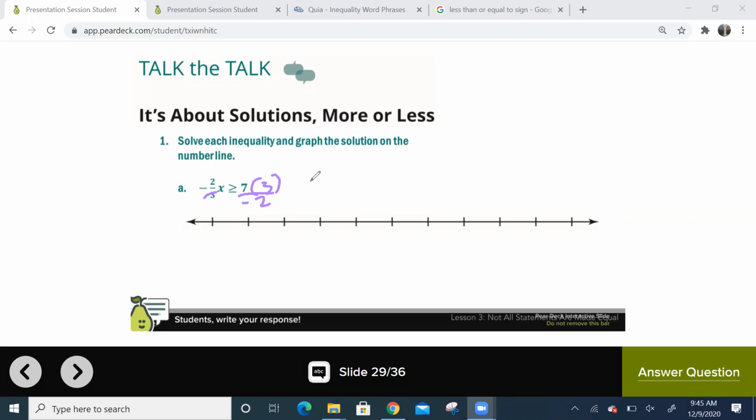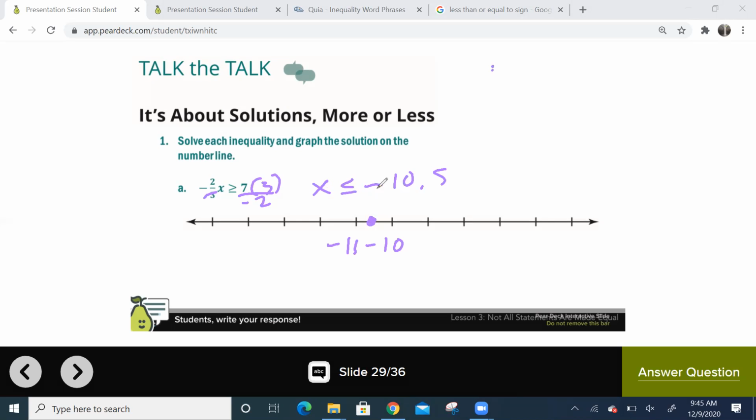I'm dividing by a negative, so I'm going to flip the symbol. So I have x is less than or equal to, 7 times 3 is 21, 21 divided by -2 is -10.5. So I'm going to say this is -10, this is -11. So -10.5 is going to be right there in between -10 and -11.